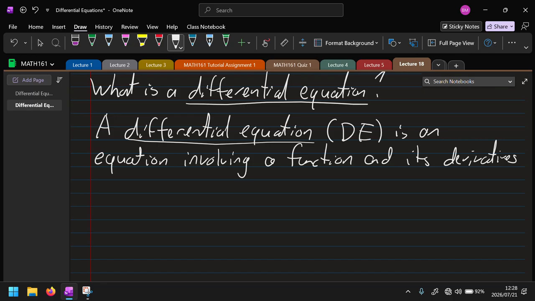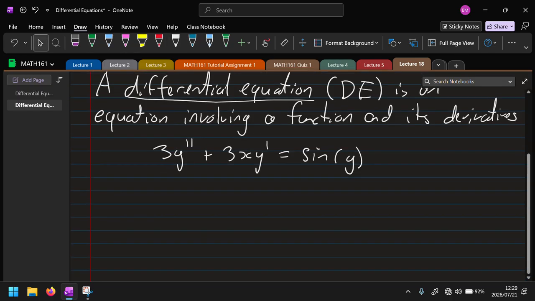As an example, let's say we have 3y double prime plus 3xy prime equals sine of y. Something like that. This is a differential equation. We see that it's an equation, obviously, and we've got this function y and its derivatives. There's y prime, there's y double prime. That makes this a differential equation.